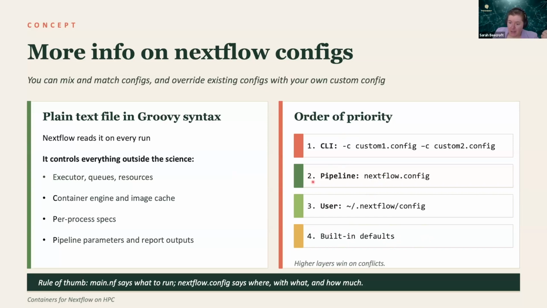The pipeline might also have its own nextflow.config or multiple types of configs that will override your local. And then probably the most important useful thing is you on the command line. So when you're doing your Nextflow run command, you can specify one or more of your own custom configs if you want or need to, which can give you a lot of flexibility.